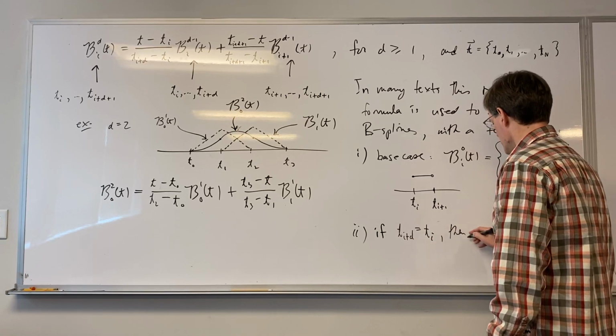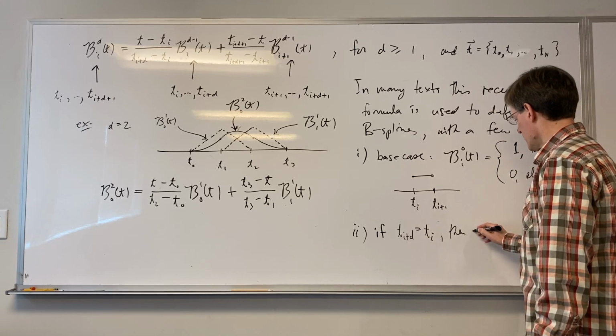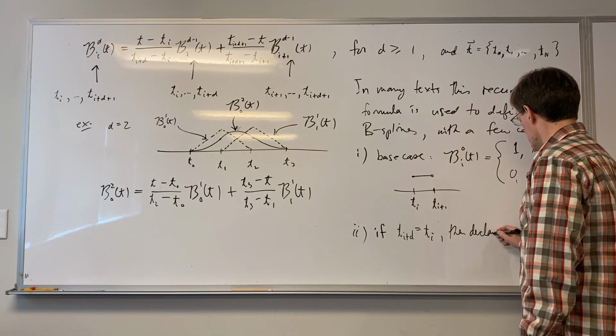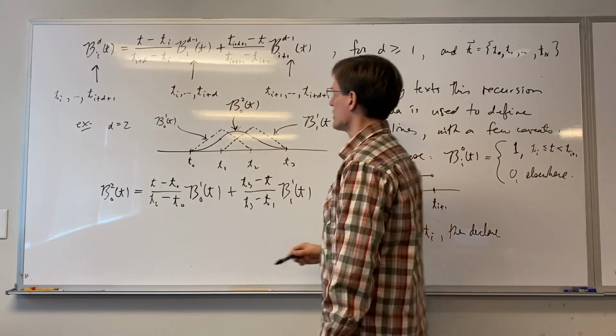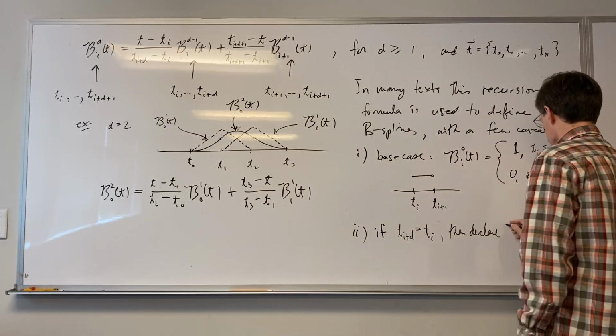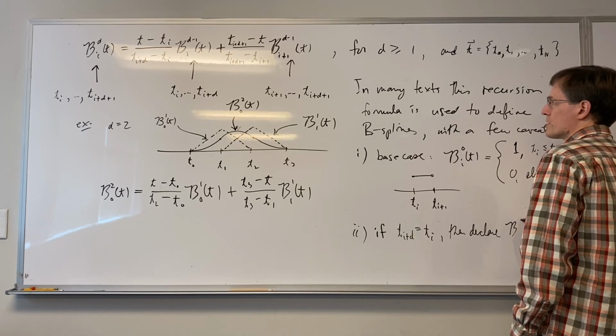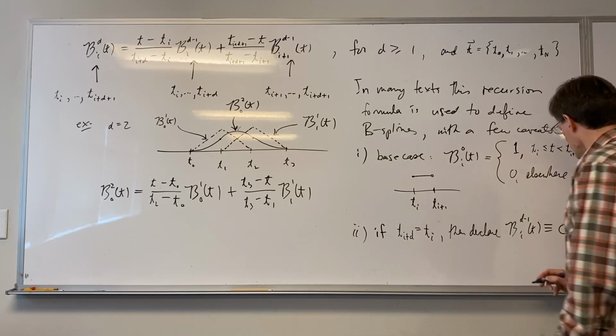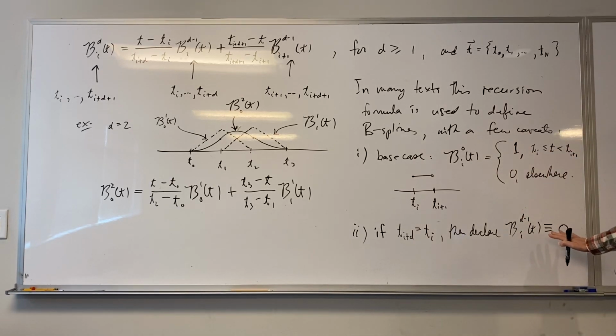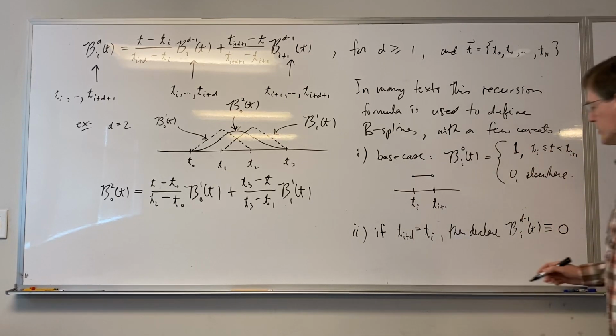Then in that case, if there's a 0 in the denominator, we just declare that B-spline to be 0. So B_{d-1,i} of t is defined to be identically 0, okay?